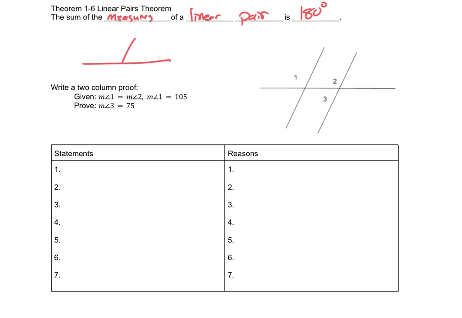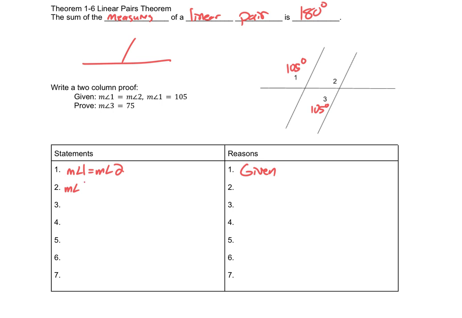So now let's do another two-column proof. Given that the measure of angle 1 equals the measure of angle 2, and the measure of angle 1 is 105 degrees, prove that the measure of angle 3 is 105 degrees. Okay, so measure of angle 1 equals measure of angle 2, that's given.